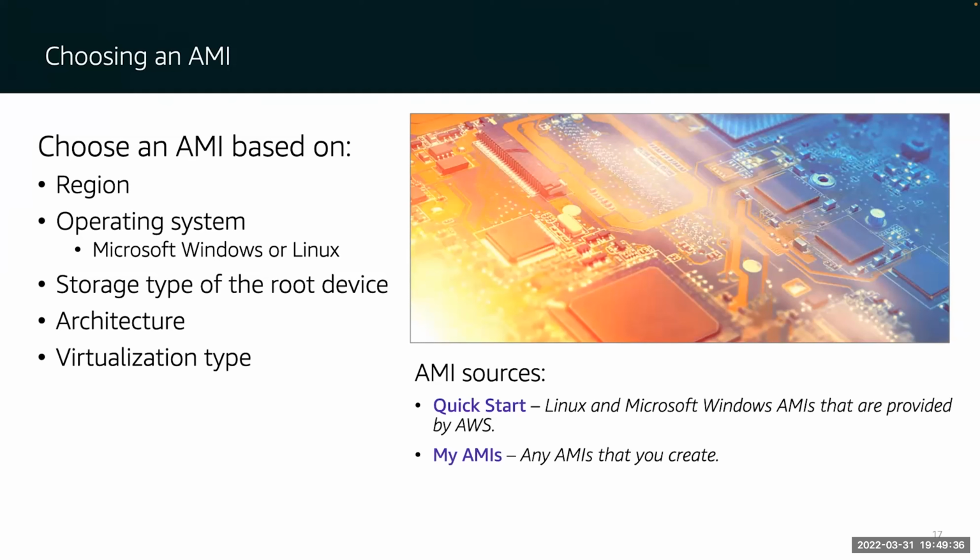You can obtain an AMI from one of 4 sources. The first one is the Quick Start, which are AMIs that are built by AWS. AWS also enables you to create your own AMI, and you will find them under the My AMIs section. You can also look for AMIs in the AWS Marketplace, which offers a digital catalog that lists thousands of software solutions normally built by a third-party organization or company, and you can use them out of the box.